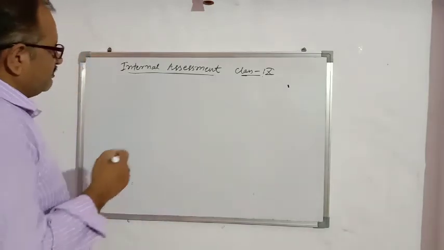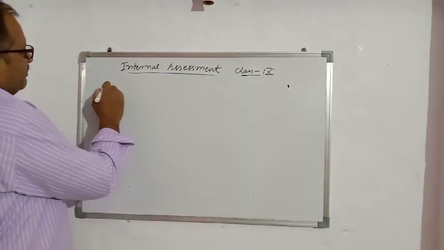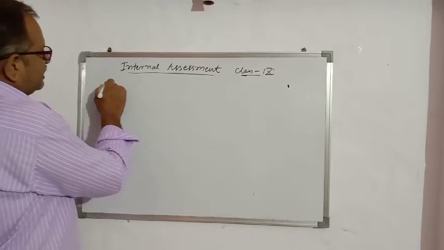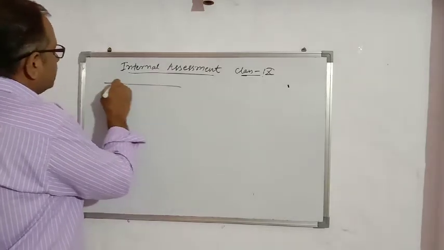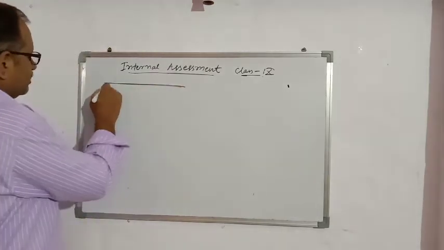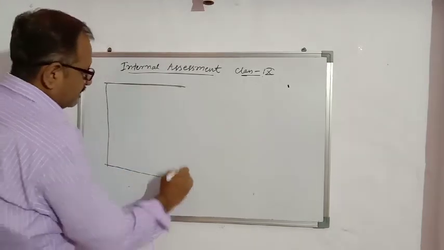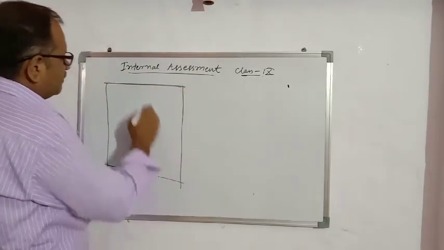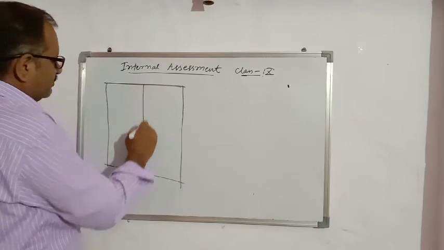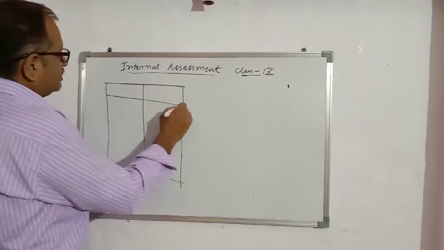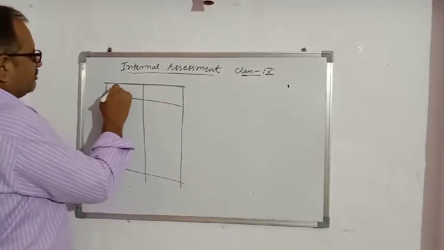So how will we do it? Firstly, we will make the table like this. Here we will write the name of the students.